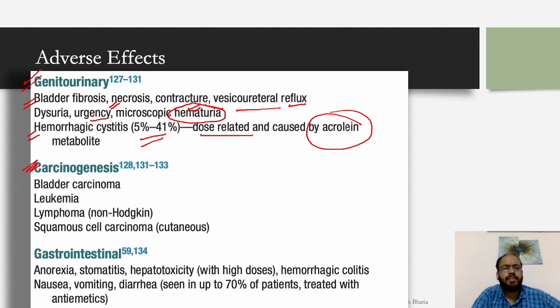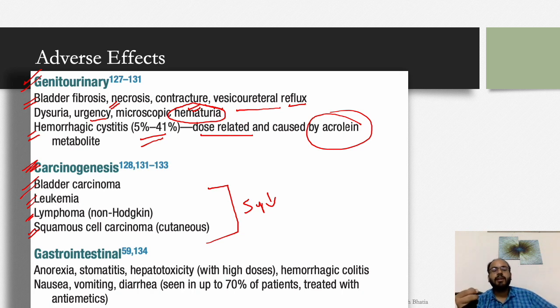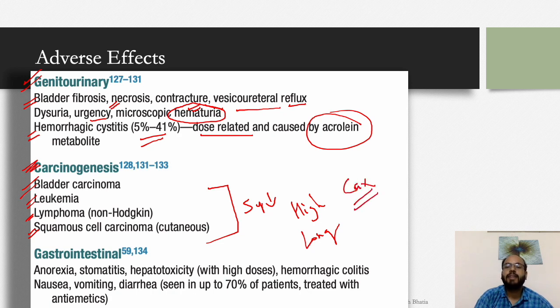Now, carcinogenesis: our threshold of suspicion should be a bit lower for bladder carcinoma, leukemias and lymphomas, and squamous cell carcinoma. So remember that suppressor T cell function is decreased, and this is one theory given for why we have a theoretical increased risk of leukemia and lymphoma or squamous cell carcinoma when the patient is taking cyclophosphamide. Remember that it is because of high dose or a longer duration of treatment, and predominantly these malignancies have been seen in patients who are receiving cyclophosphamide for other cancers.